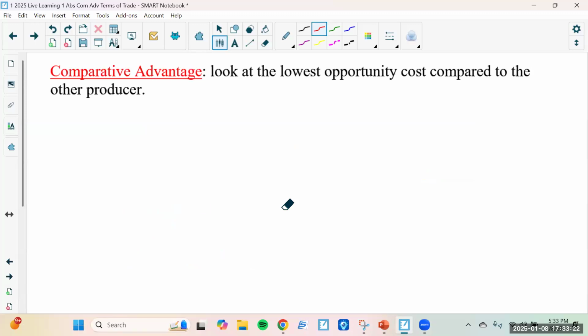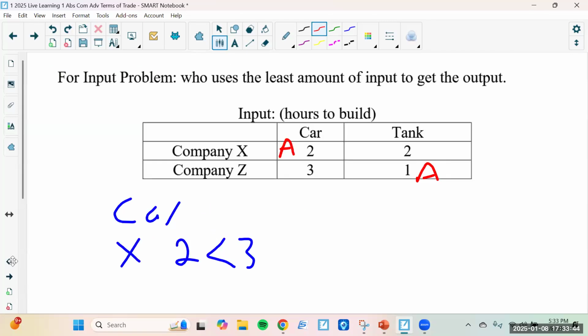Next, comparative advantage. That's where we're getting to. Comparative advantage is where we compare the opportunity cost of one to the opportunity cost of another. So we can compare the opportunity cost of Ted's milk production to the opportunity cost of Nancy's milk production. We're going to compare the opportunity cost of company X's car production to company Z's car production.